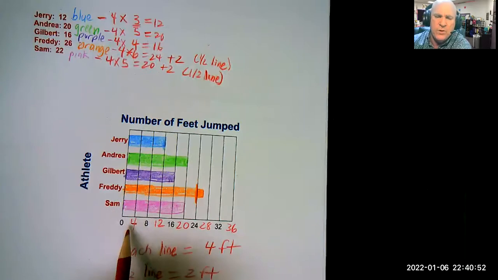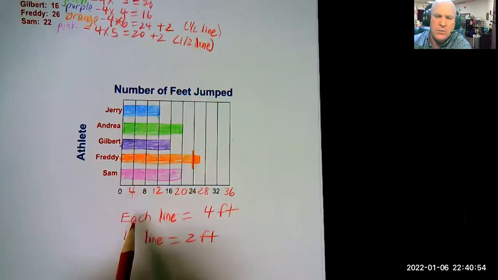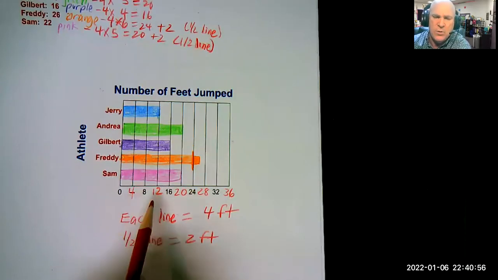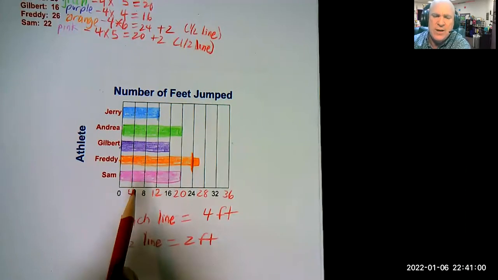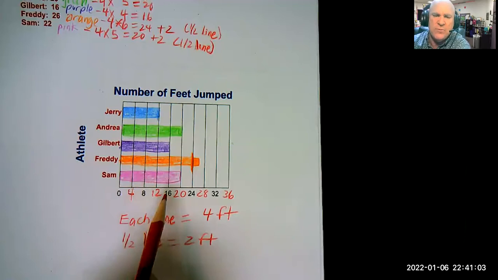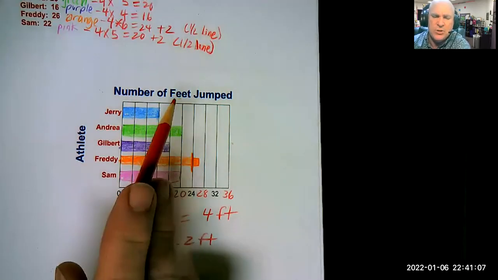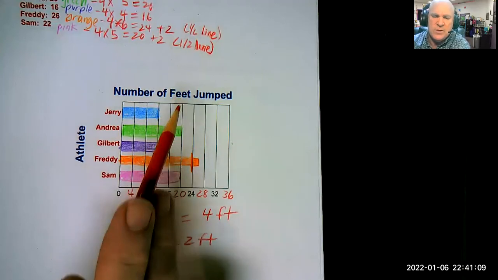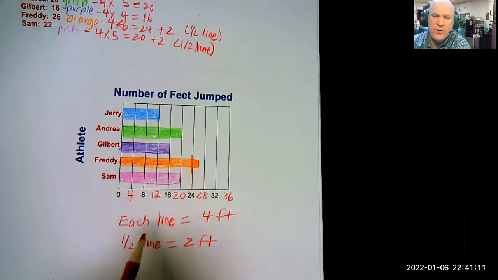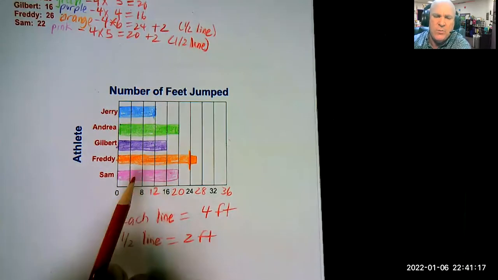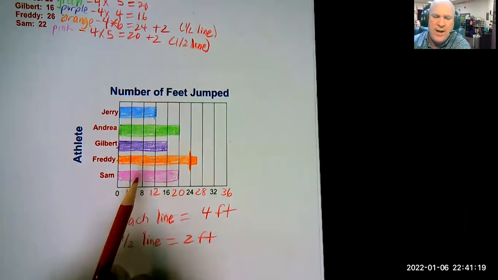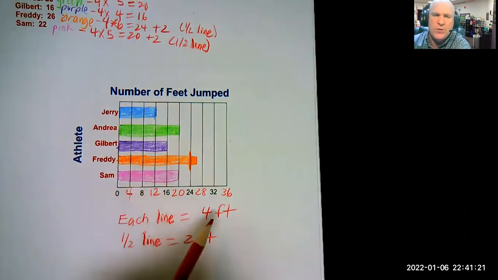And so once you look at it, you can say, oh, for each line, 1, 2, 3, 4, etc. Each line is going to equal 4 feet because in the title it says number of feet jumped. Since each line is 4 feet, that means anything that stops between a line would be half of 4, which would be 2. So half of a line would be 2 feet.